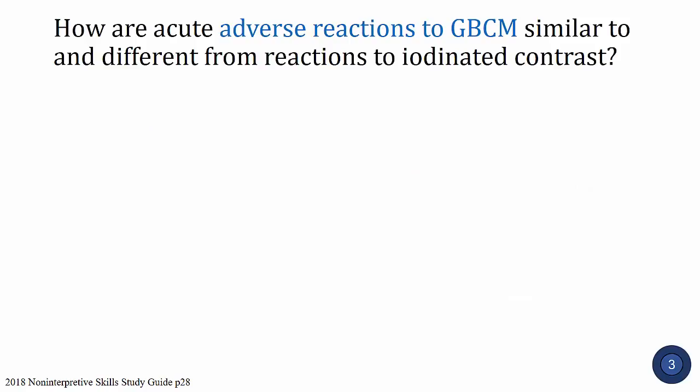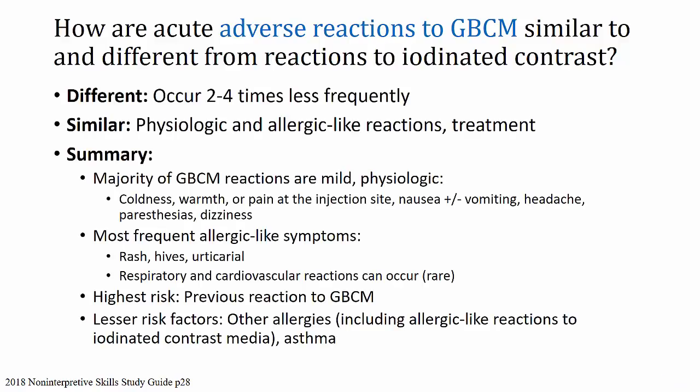Next question, how are acute adverse reactions to gadolinium-based contrast media similar to and different from reactions to iodinated contrast? Well, they're different in that they occur 2 to 4 times less frequently, but they're similar in that the physiologic and allergic-like reactions are similar and the treatment is similar.